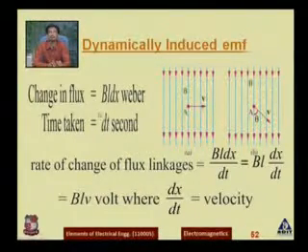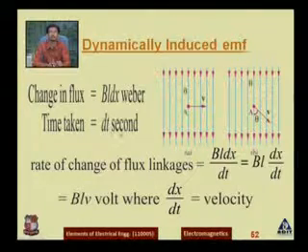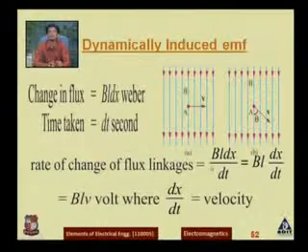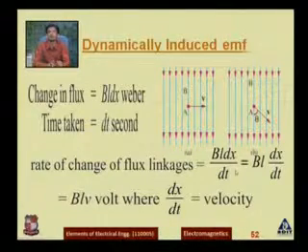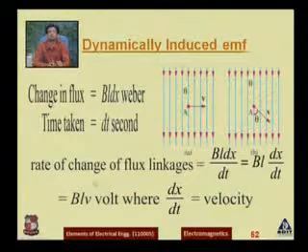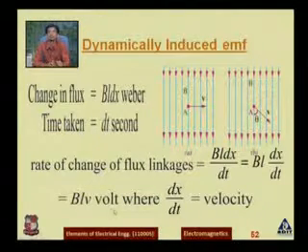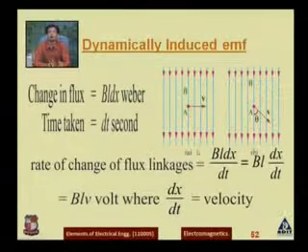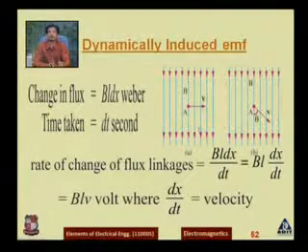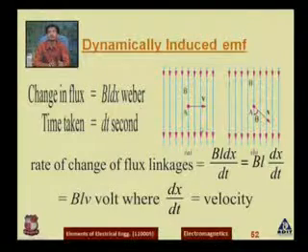The time taken is generally taken as dt. So the rate of change of flux linkage in the dynamically induced EMF is equal to BL dx divided by dt. So the dynamically induced EMF is nothing but BLV volt, where dx by dt is the velocity, that is, how fast I am moving this conductor in between the two magnets.